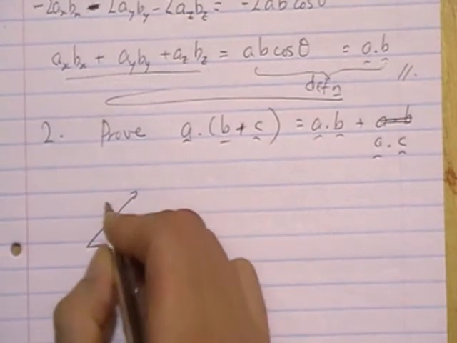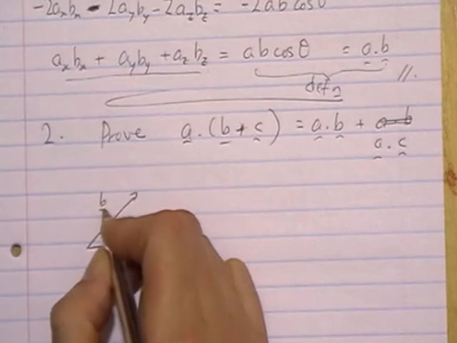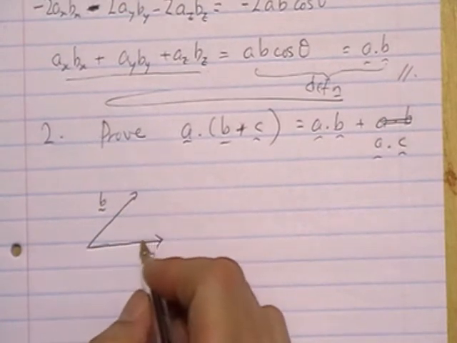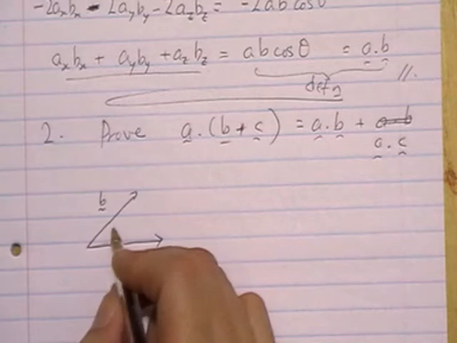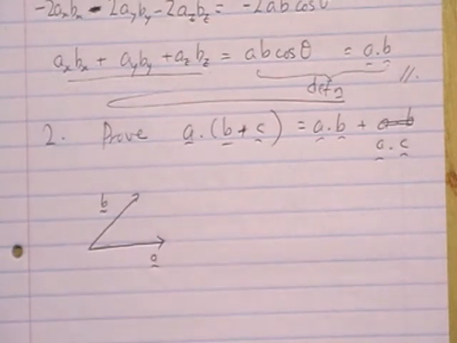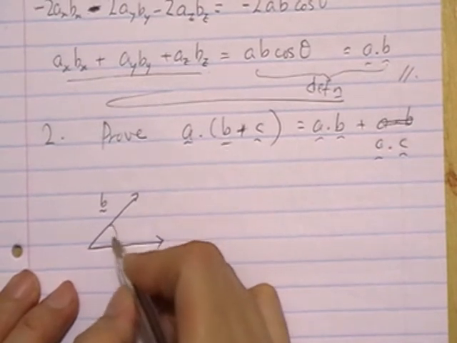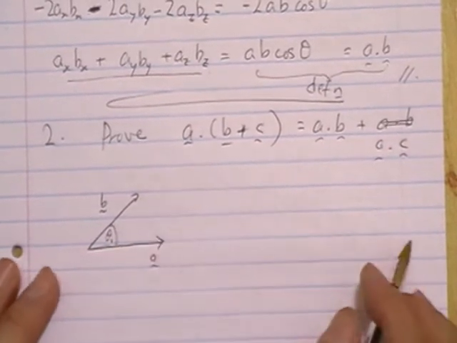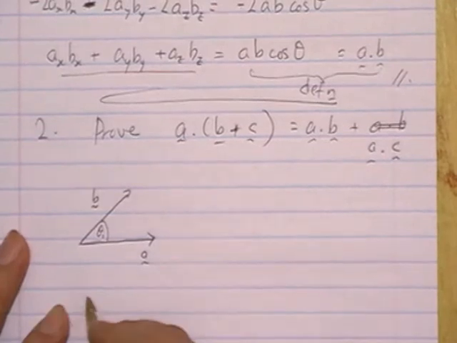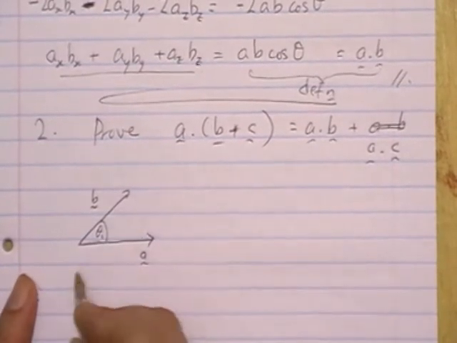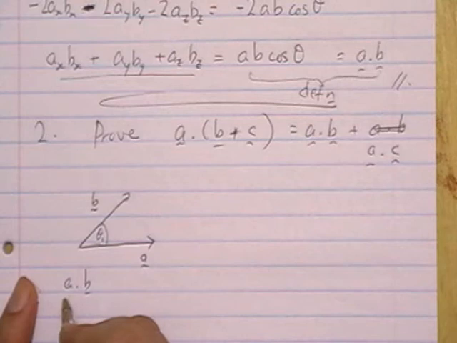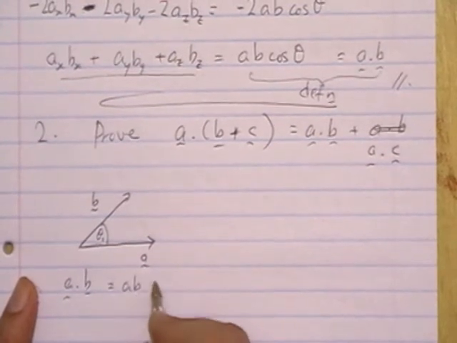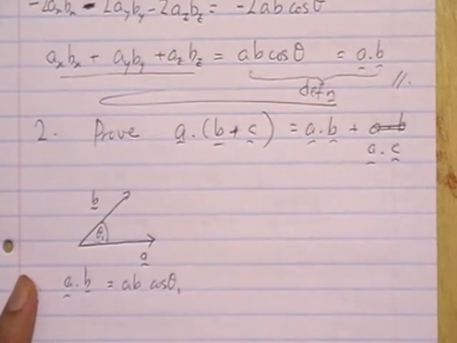That's vector A. Let's say that's vector B, and they have a certain angle in between them. I'll call this theta 1. And I know that the dot product A dot B is equal to AB times cosine theta 1.